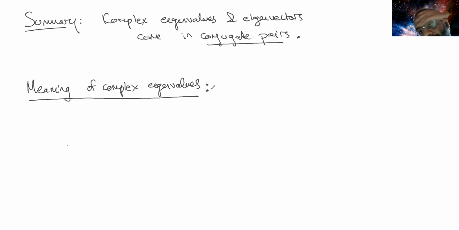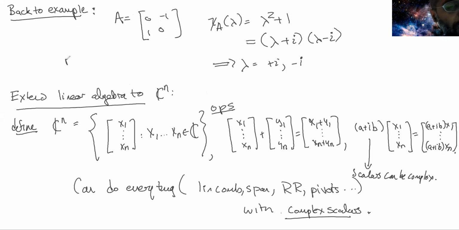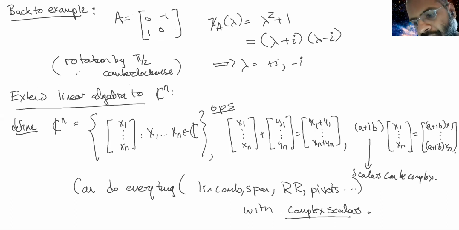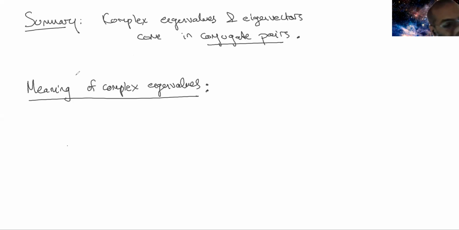Okay, so the meaning is, in some sense, always what happened in this example, right? So in this example, it was rotation by pi by 2 counterclockwise. So the meaning of complex eigenvalues is captured.